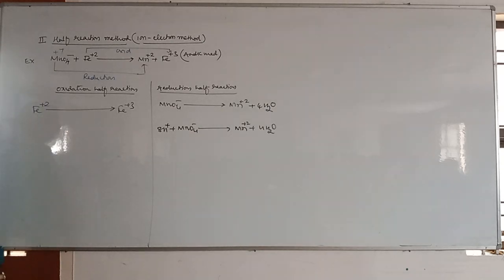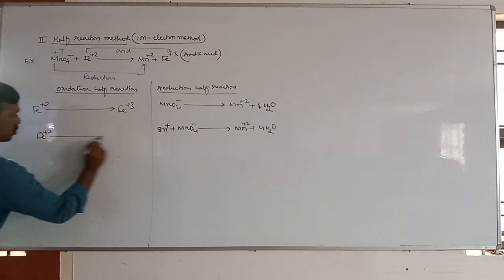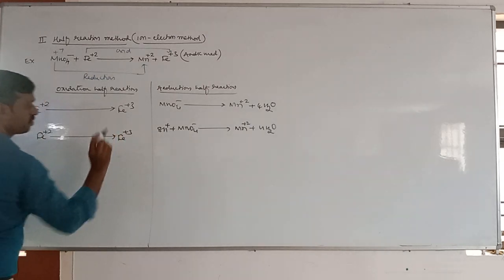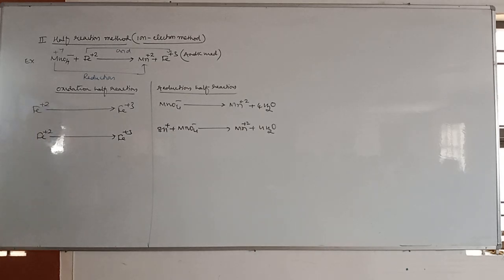Then the final step is to balance charge. Most of the students get confused here. How to balance charge? Listen carefully. Now I'll write once again: Fe plus 2 gives rise to Fe plus 3. The charge is balanced by adding electrons.